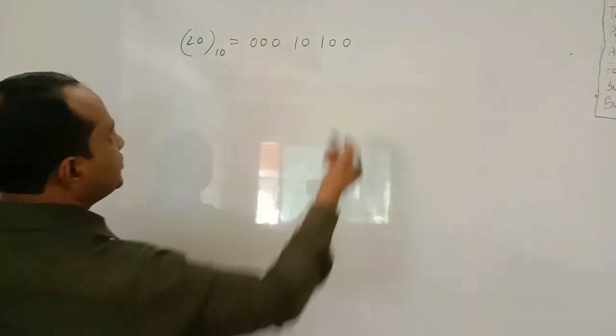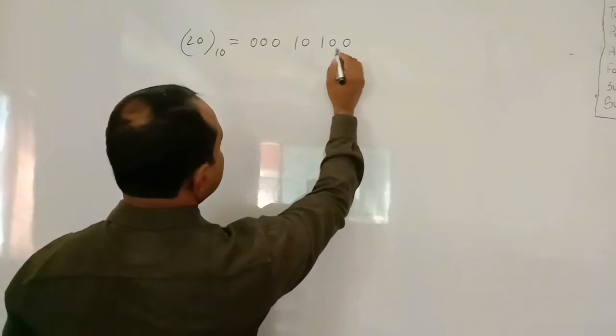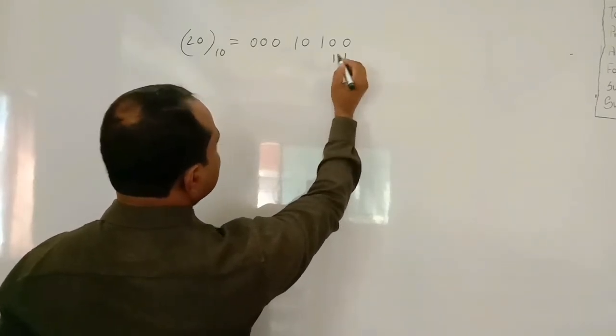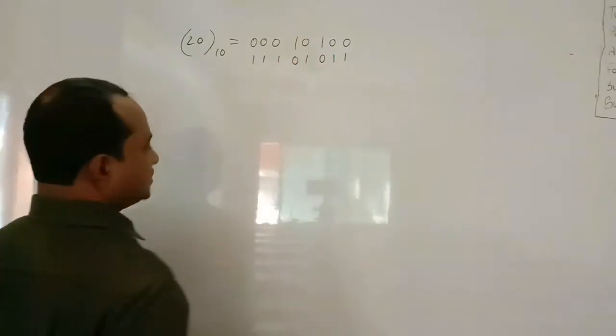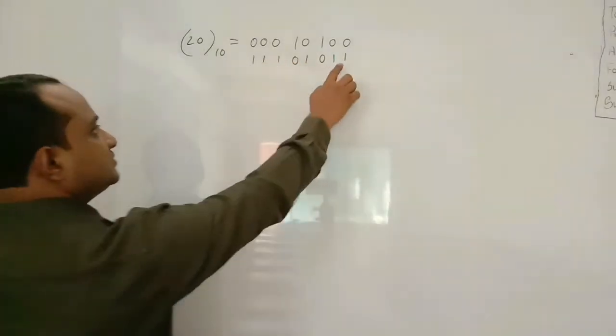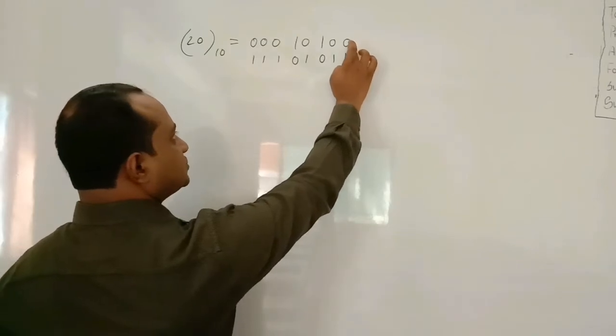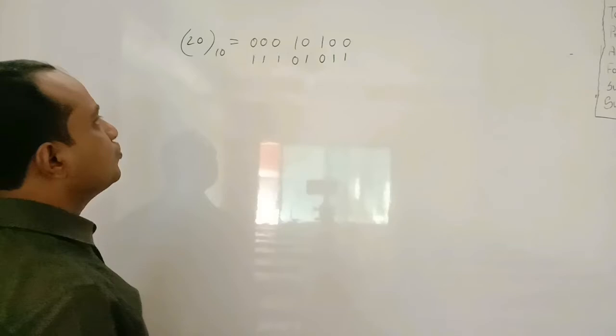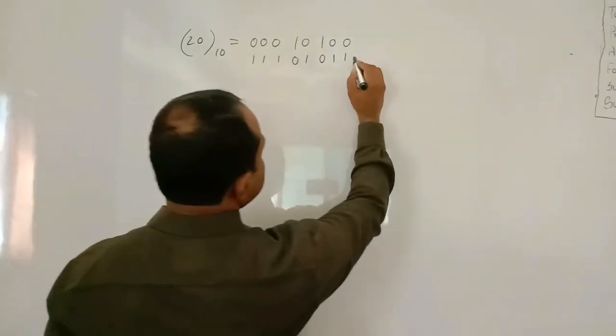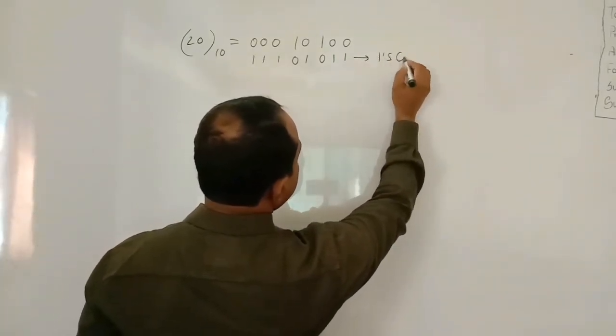And now I will find the 1's complement form, 1 1 1 0 1 0 1 1. If you write 1 instead of 0 and 0 instead of 1, then it will be the 1's complement form.